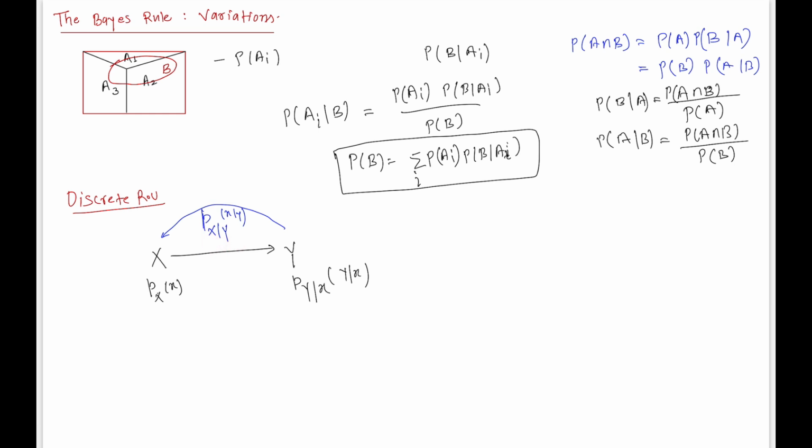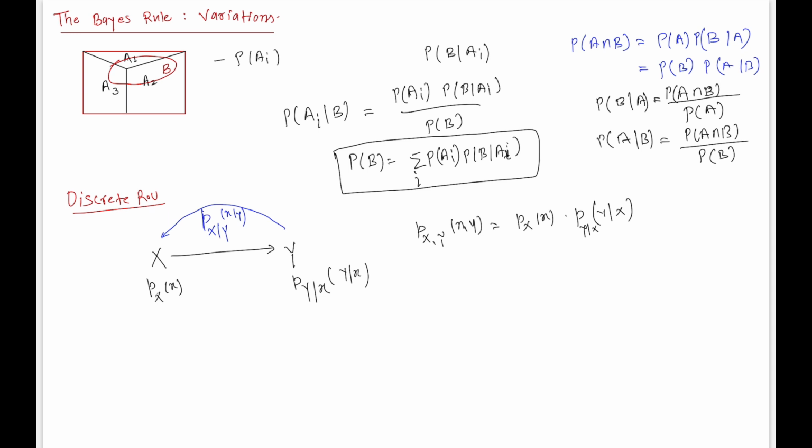How can we proceed? We can simply proceed using the multiplication rule. The joint PMF of random variables x and y would be equal to the PMF of x times, given x, the PMF of y, right?